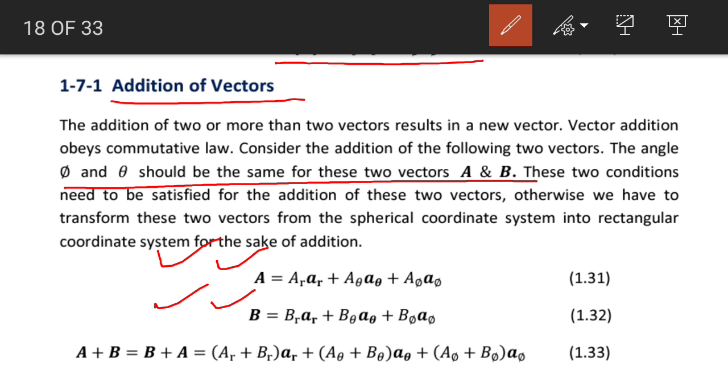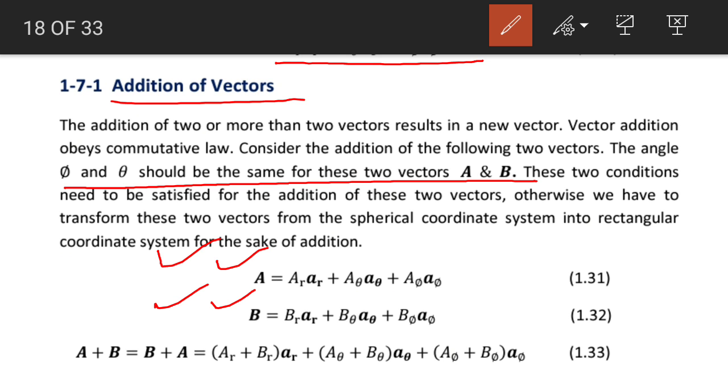Otherwise, you will have to transform these two vectors from the spherical coordinate system into the rectangular coordinate system, add them there, and transform the resultant vector back into the spherical coordinate system, which is a complicated process.